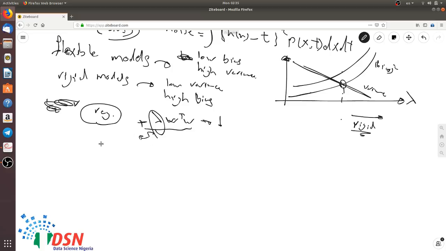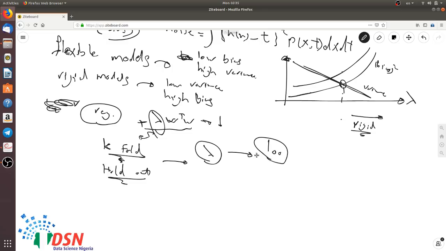When you want to use the k-fold cross-validation method or the holdout method to determine lambda, you should actually try different values for lambda. So you should train your model for, let's say, 100 values of lambda roughly to get the optimal value of lambda. So this could be computationally expensive for you.